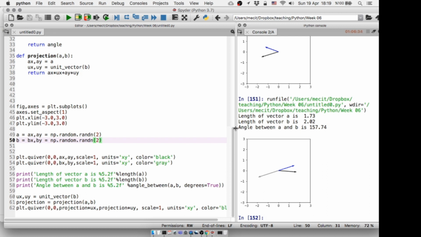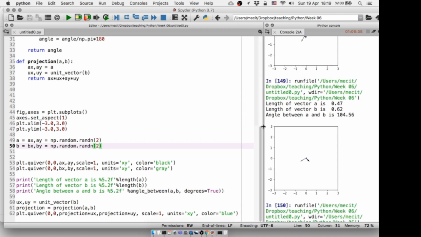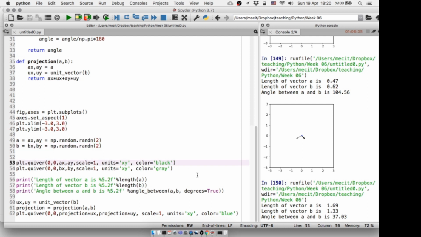Before I finish this part, I want to show you another parameter here that sets the transparency. Alpha equals 0.5 will make them halfway transparent. So this is sometimes really handy.